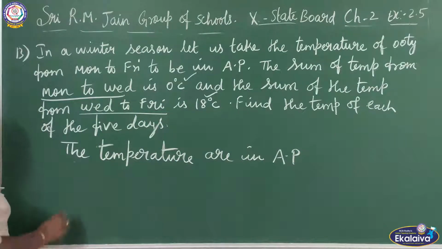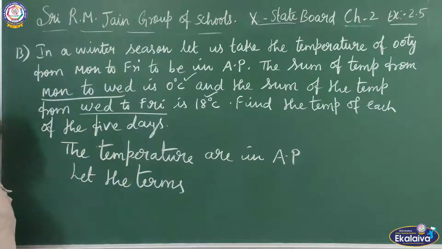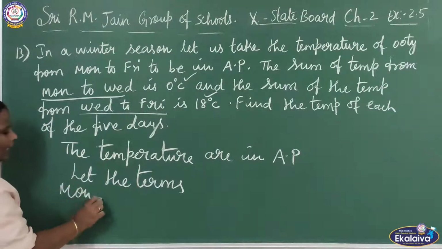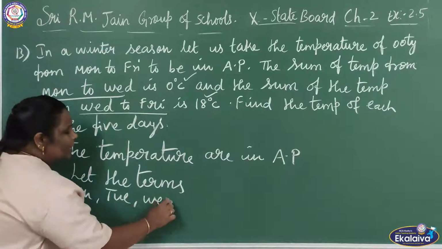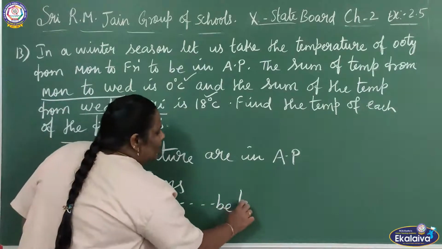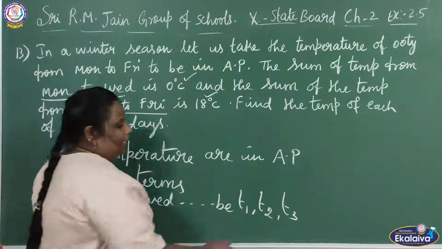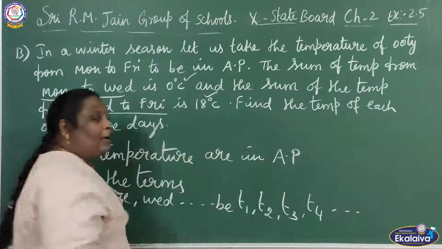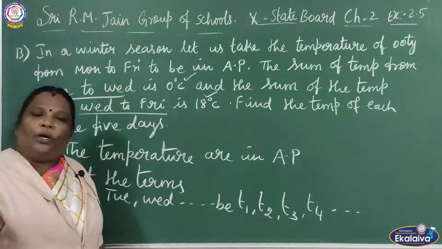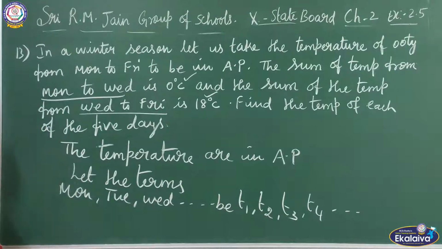So let the terms Monday, Tuesday, Wednesday, Thursday, Friday be T1, T2, T3, T4, T5. Monday is T1, Tuesday is T2, Wednesday is T3, Thursday is T4, Friday is T5.